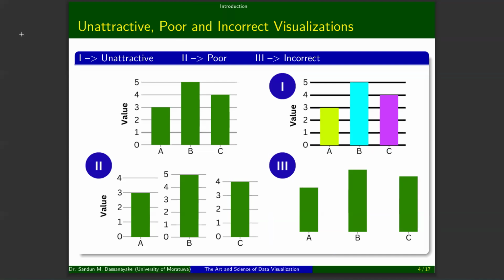Now, I hope that is clear. Right. Now let's go to the next slide. So these are the three things. Of course, I'm not saying that the first one is the best one, but it has served its purpose. You have the values, you have the labels, and then the grid lines.